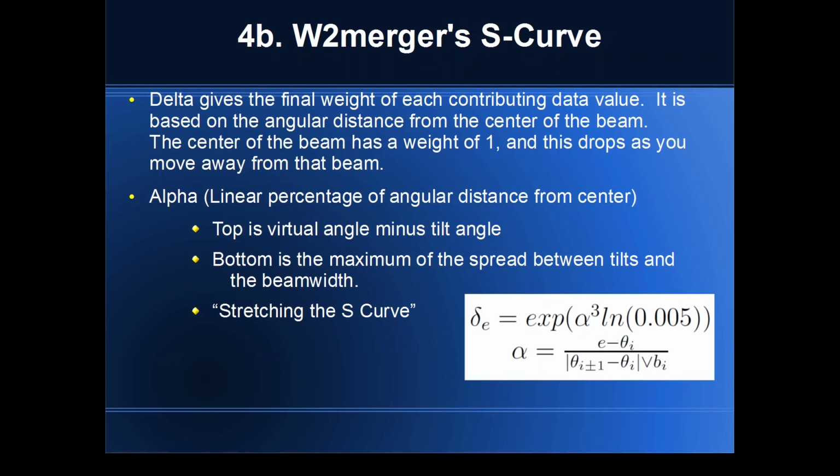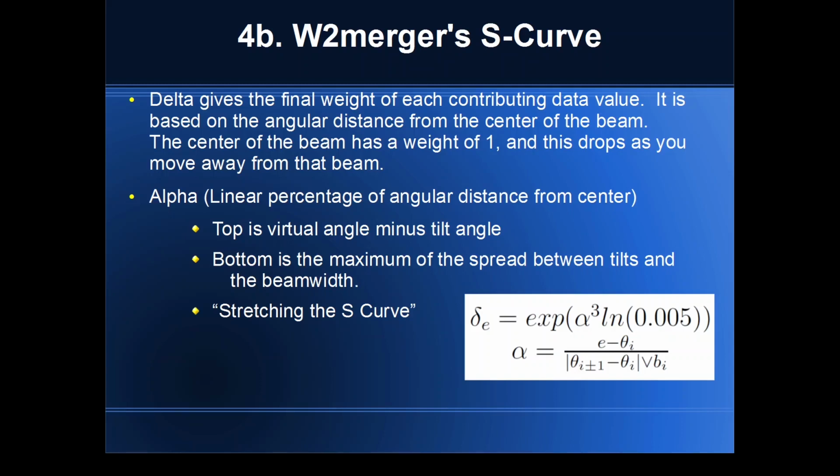In the weighting formula shown here at the bottom right, delta is just transforming a linear percentage that we call alpha into our S-curve result. The numerator, or top part of alpha here, is just the angular distance you are away from that elevation. The denominator, or bottom part of the formula, is based upon either the beam width of the elevation or the spread between the elevation and the next elevation.